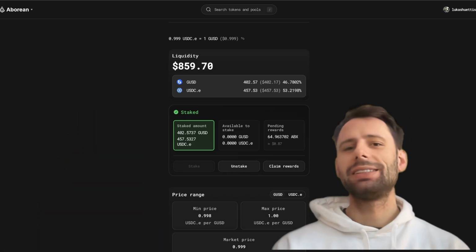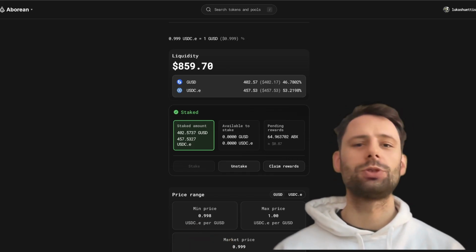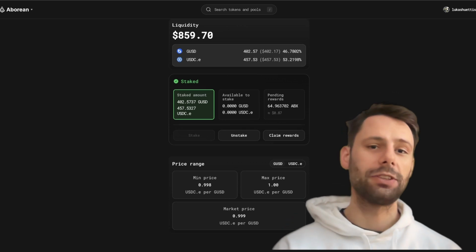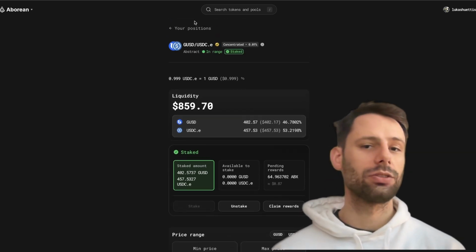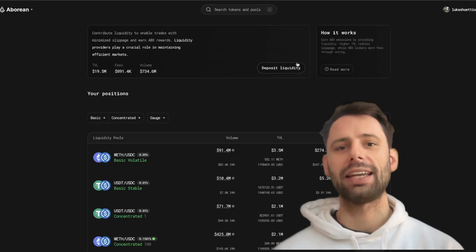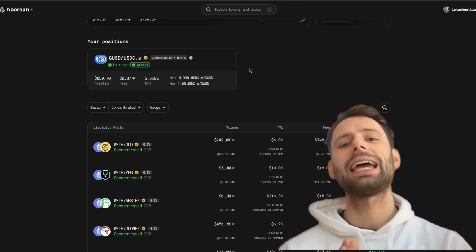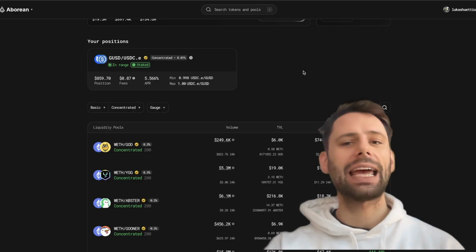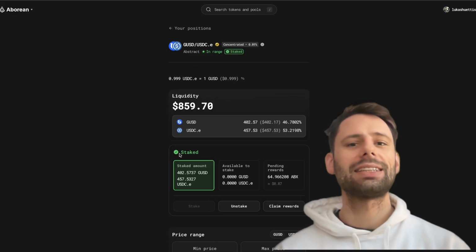Fees and rewards, those are two income streams. Liquidity on Aborean earns from two sources. First, there are the swap fees. I already talked a little bit about that. Every trade that goes through this pool generates fees, and I earn my proportional share automatically. And second, there are the ABX rewards. After adding liquidity, I stake my position into the gauge. That step is critical.